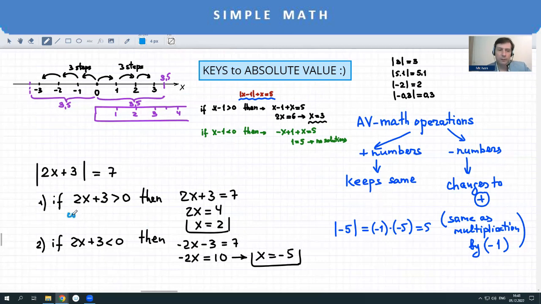So condition part, if, and then solution part. That's the whole strategy, how to solve absolute value equations and how to deal with the concept itself. So this is the key to solve more complicated equations with the absolute values.